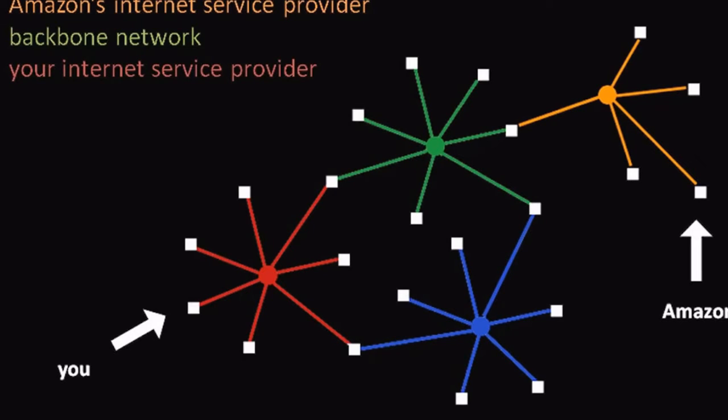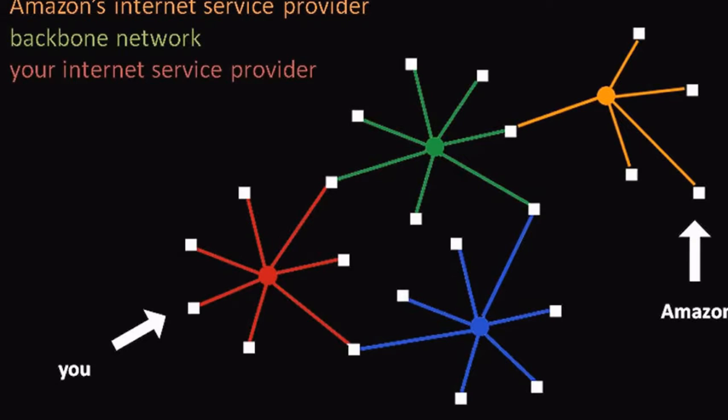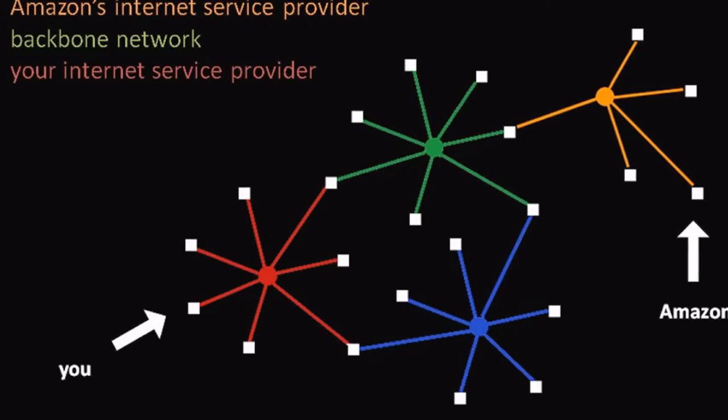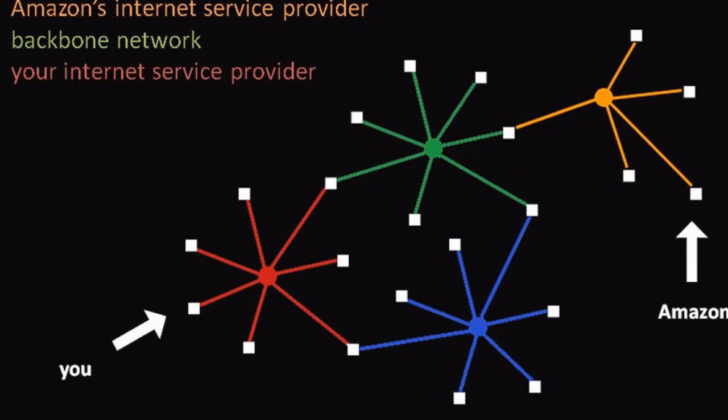Well, first off, of course, both of you must be connected to the internet, and what that means is that you pay a local service provider, an internet service provider, to allow you to connect your computer to their local network, a network which probably spans just your citywide area. Amazon, in turn, must do the same thing. They need to connect to an internet service provider in their area. And notice in the diagram, when you connect to your internet service provider, your system becomes a part of that network.